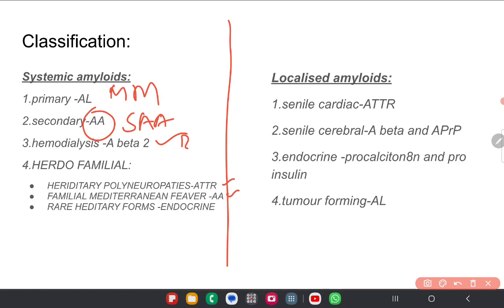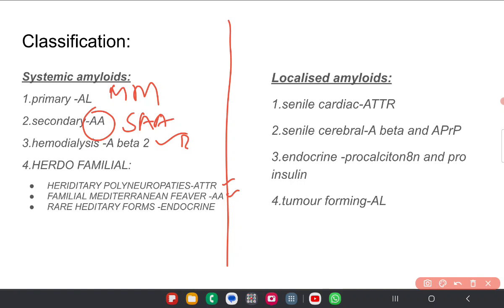Like in multiple myeloma, it leads to kidney accumulation and necrosis. It is systemic, not only a particular organ, and can affect different organs, whereas localized amyloidosis is particular to one place, like senile cardiac, which is transthyretin, amyloid transthyretin; senile cerebral, A beta; APrP, prion protein; endocrine, prolactin and proinsulin; whereas tumor forming is an example of AL.